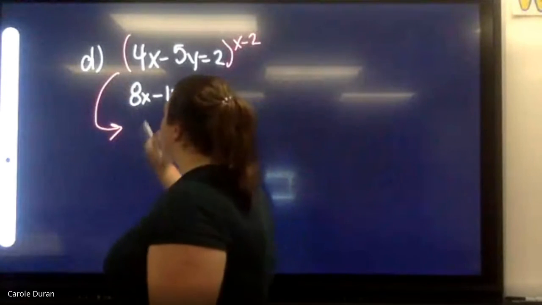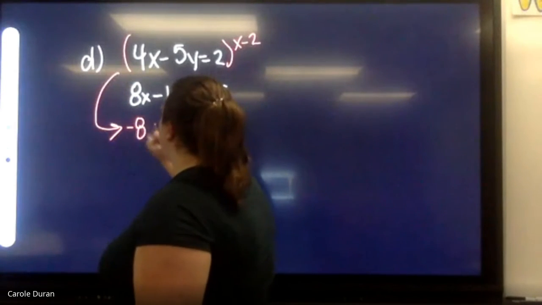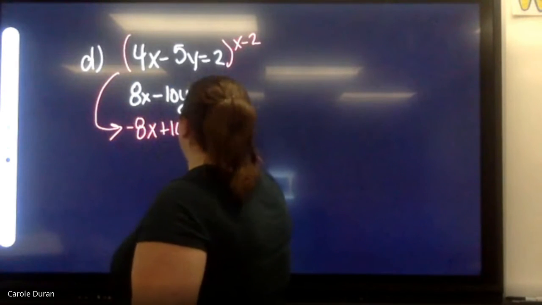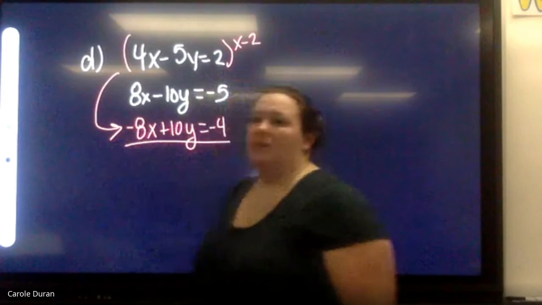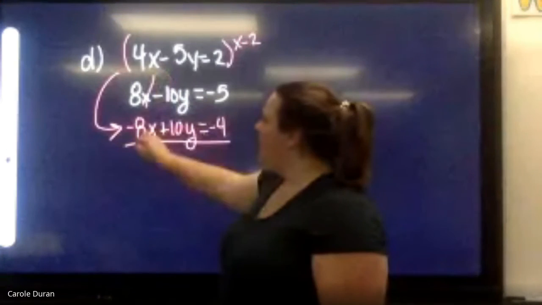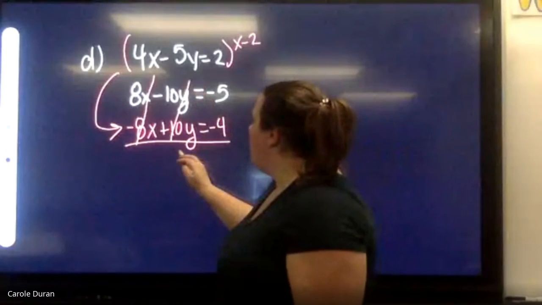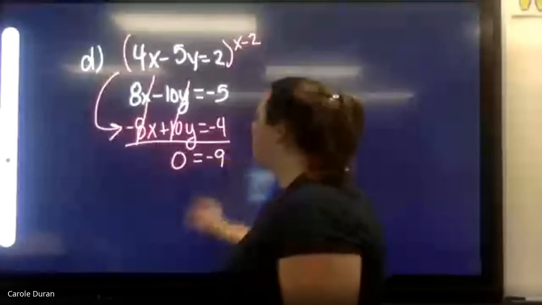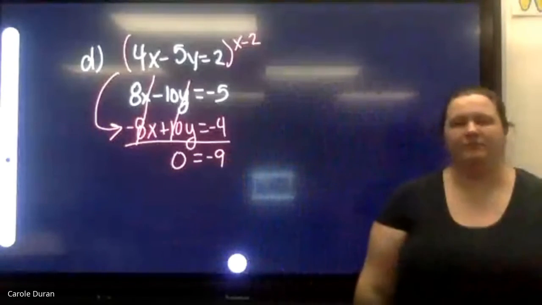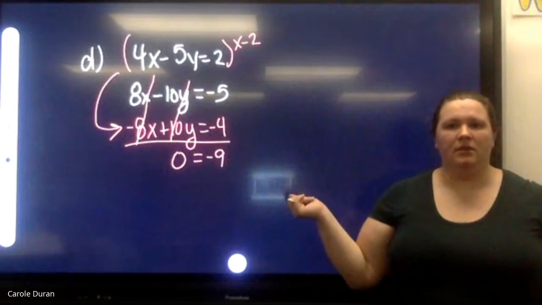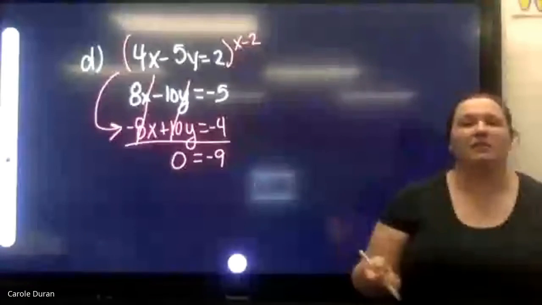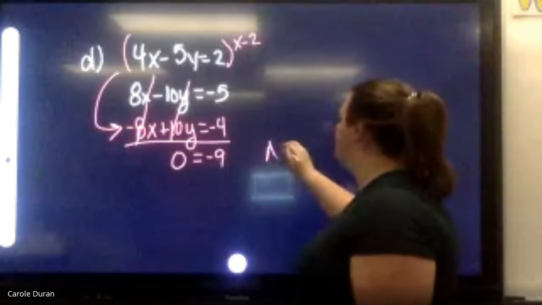When I do that, I get negative 8x plus 10y equals negative 4. I add straight down. My x is 0 out, and my y is 0 out, leaving me with 0 equals negative 9. Is 0 ever equal to negative 9? No, which means that this is actually a no solution problem.